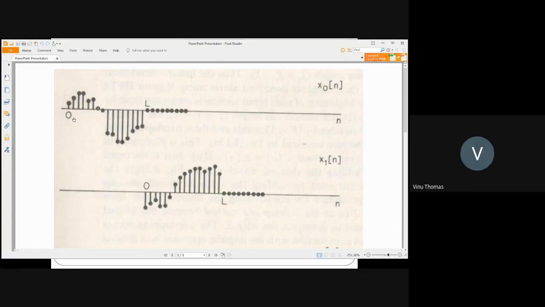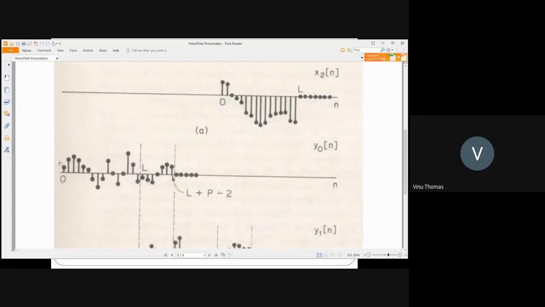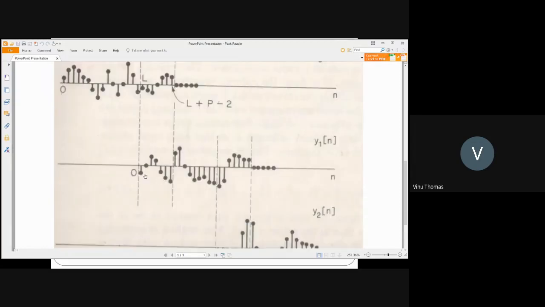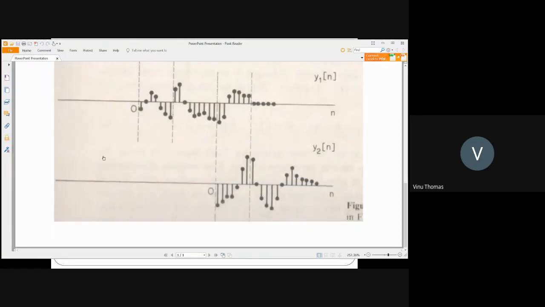Likewise, you had a filter of length P, which you also zero pad and extend up to L plus P minus 1. And then do circular convolution of the two sequences, the zero-padded extended x0 of n and the zero-padded extended h of n. That should give you the linear convolution. So this you can implement by means of a circular convolution. Likewise, this can be implemented by means of circular convolution.